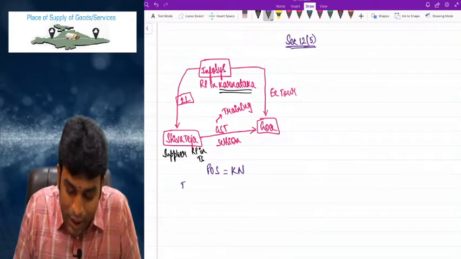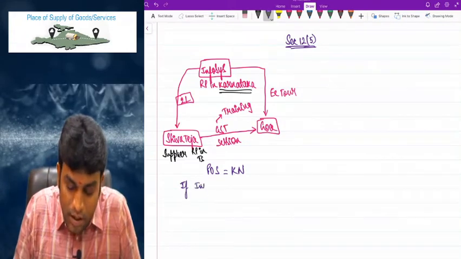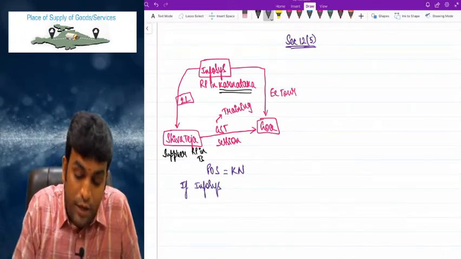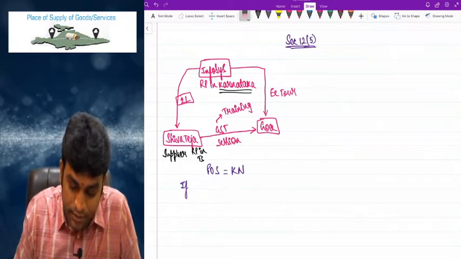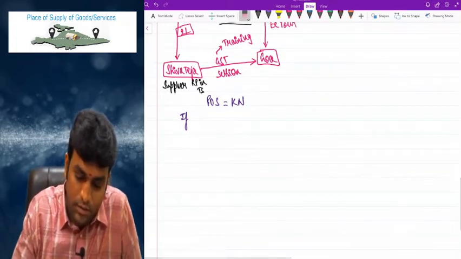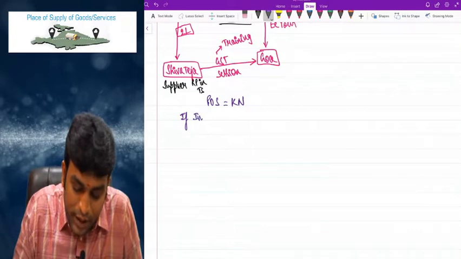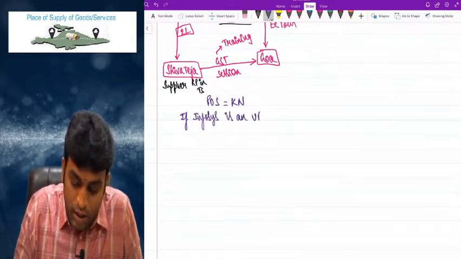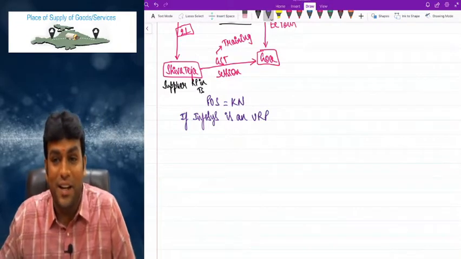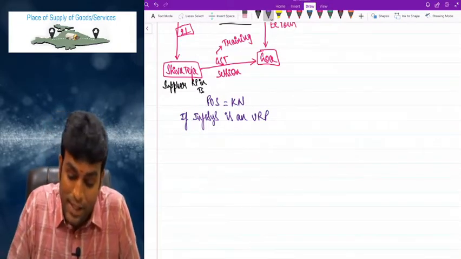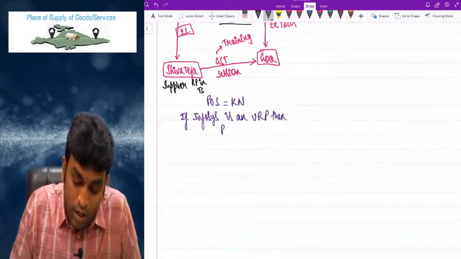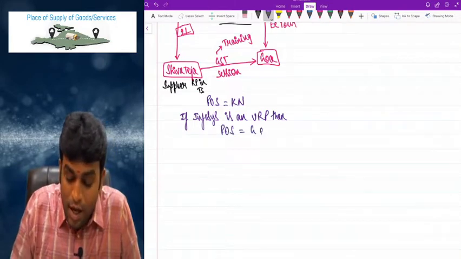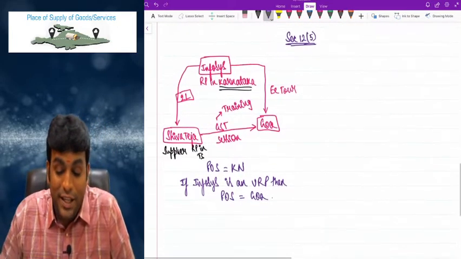But one more line I'll add: if Infosys is an unregistered person, that means the receiver is an unregistered person, then place of supply is Goa, my dear friends. It's a very interesting point.